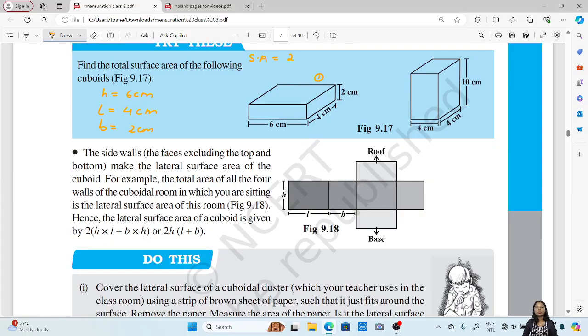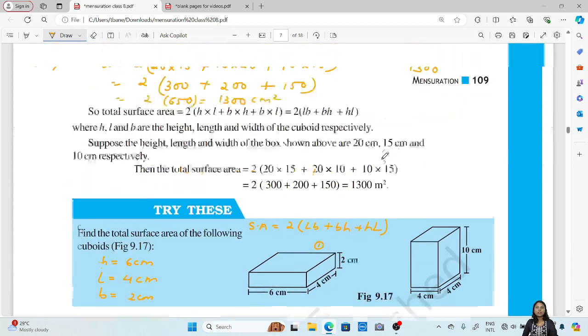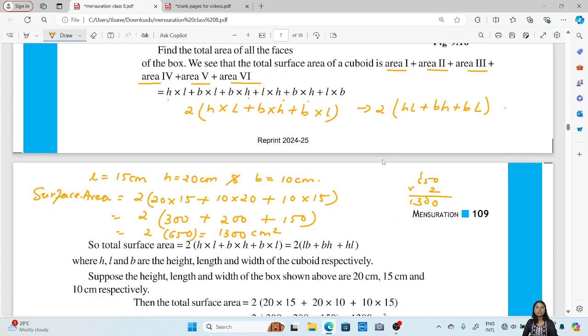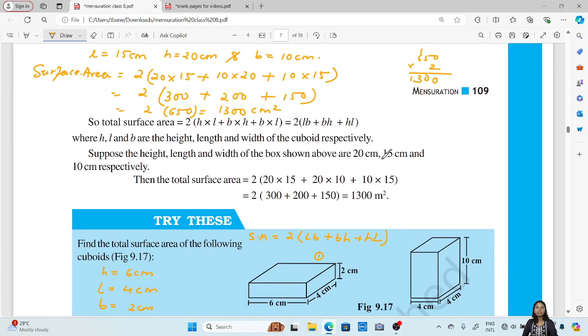So it will be 2 into length into breadth plus breadth into height plus height into length, right? LB, BH and HL.